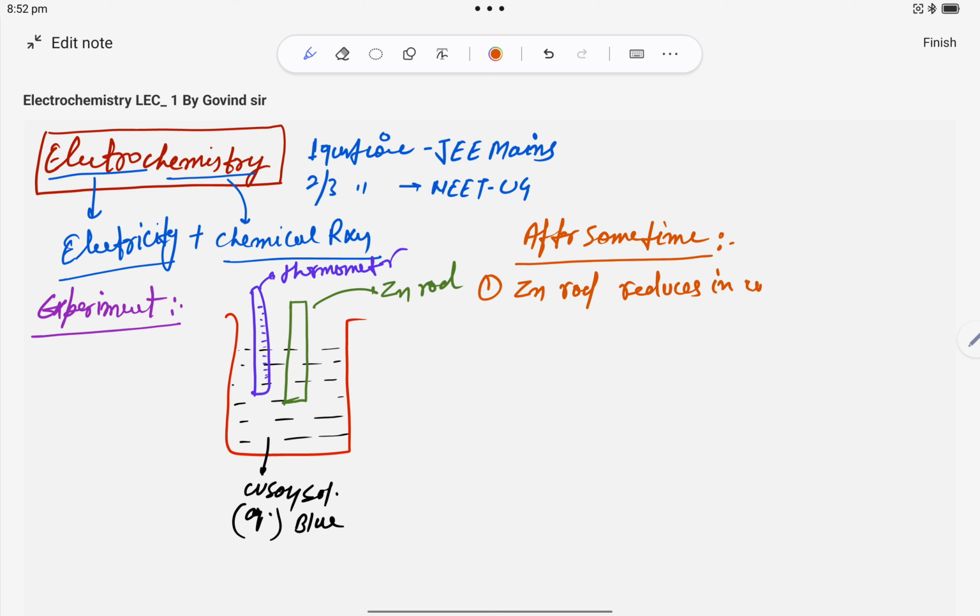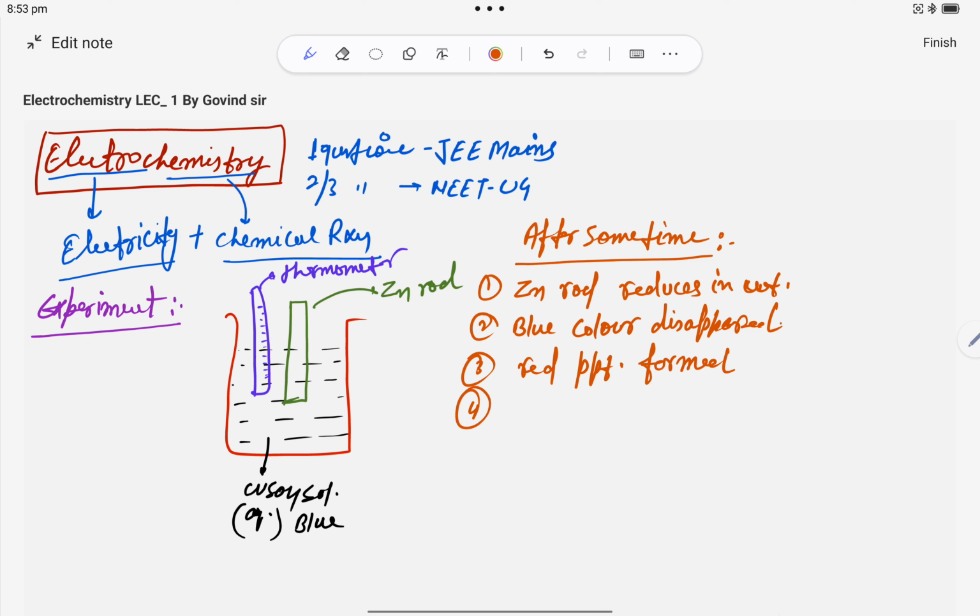Second observation: the blue color of the copper sulfate solution disappeared. Third result: a red precipitate formed. And fourth, the temperature increases. So these are the 4 observations.